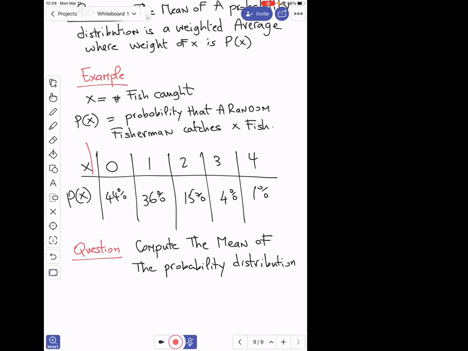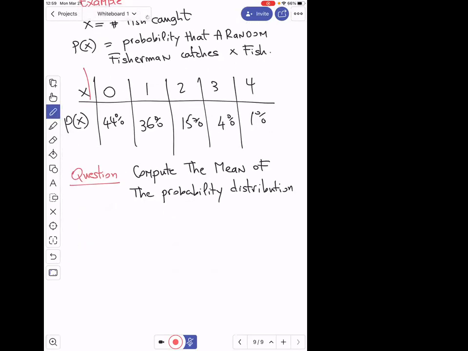So in this case, X bar, you multiply each X by the corresponding probability, right? The first value of X is 0, and the corresponding probability is 44%. So it's 0 times 44%, plus the next value of X, 1, so plus 1 times 36%.